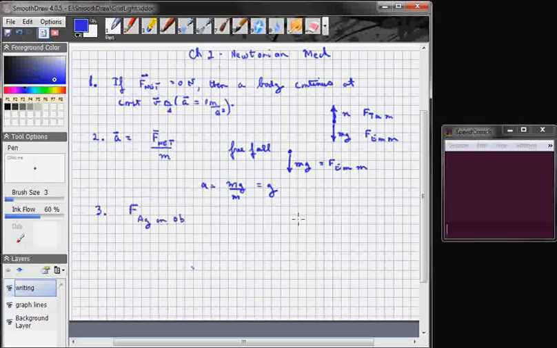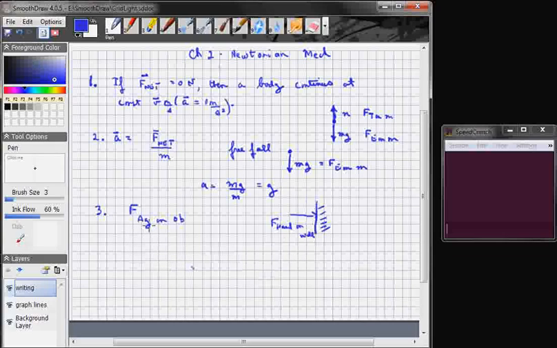So for example, here's a wall. And here is a hand pushing on the wall. The agent for this force is the hand, and the object it's acting on is the wall. The wall is off to the right here.